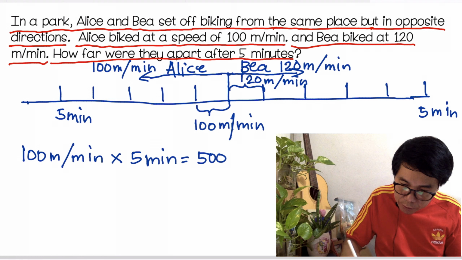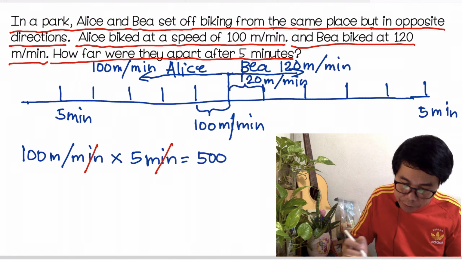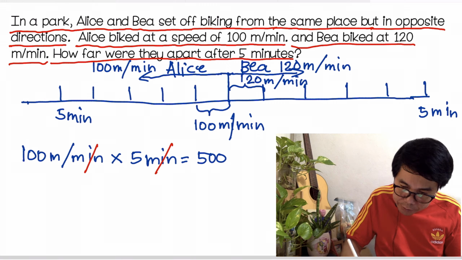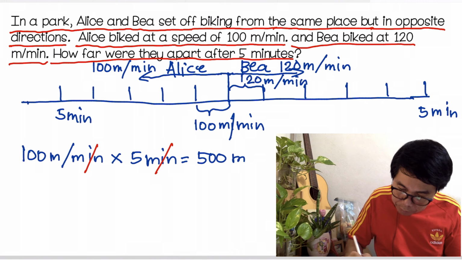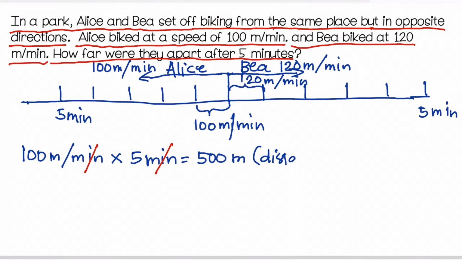Now look at the units. Minute cancels minute. What is left is meters. So the distance that Alice traveled is 500 meters.